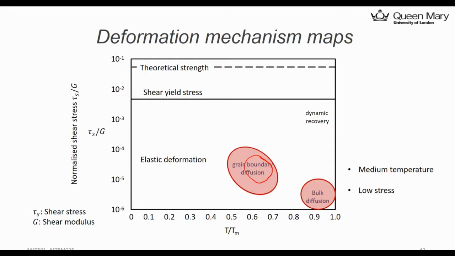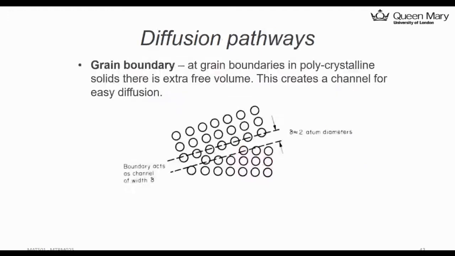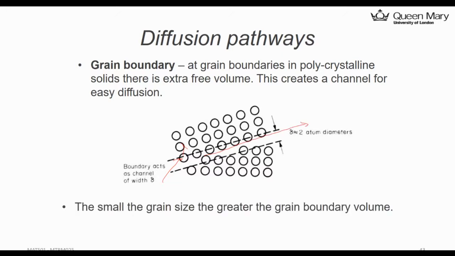So the diffusion will happen through the grain boundary, like I said before. So let's look at that. If you have a grain boundary, basically it means there's a big gap between the atoms, and that will facilitate the atom to move, travel around, go to left or right, or just travel through the channel to anywhere else.